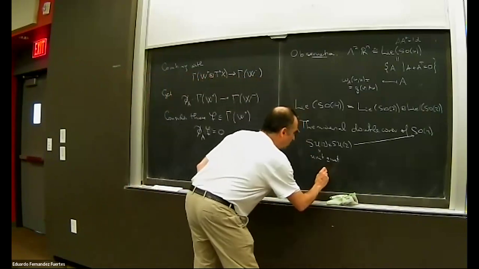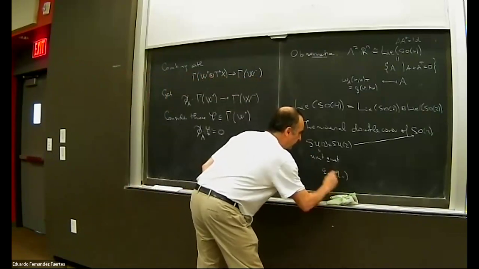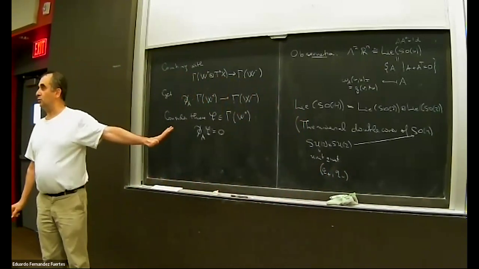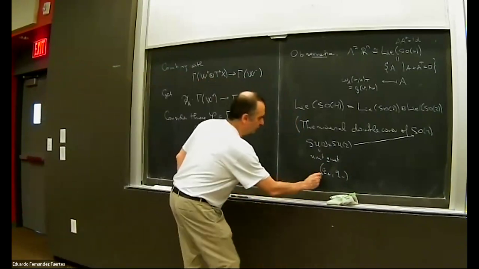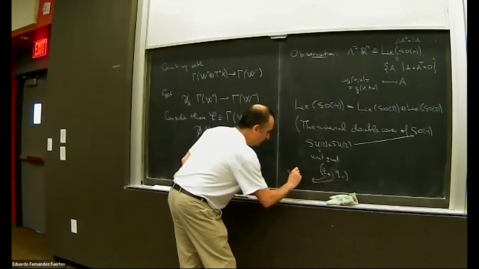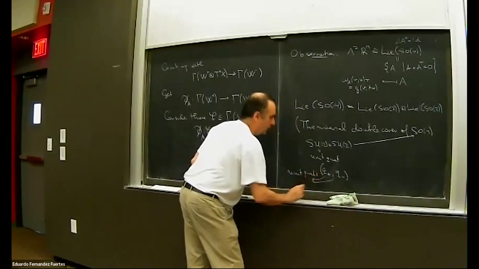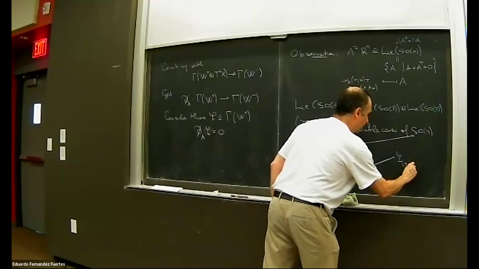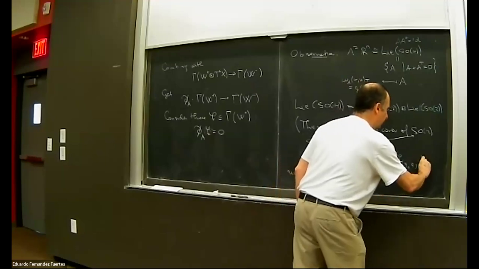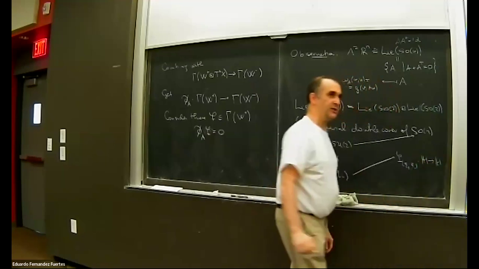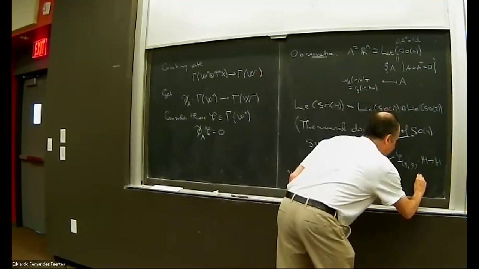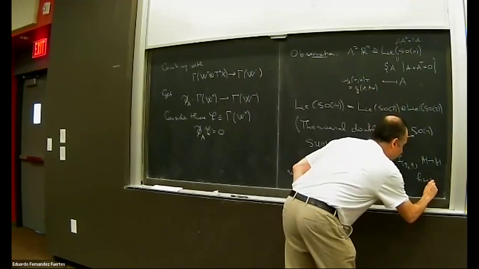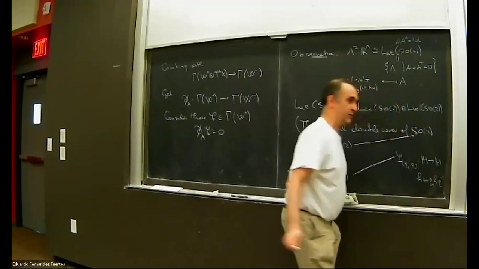And so how do I assign an element of SO4 to a pair of unit quaternions? So these are 2 unit quaternions. Well, I will assign phi of q plus, q minus, which now maps from the quaternions to the quaternions and sends H, my favorite typical quaternion, to q plus H q minus inverse.